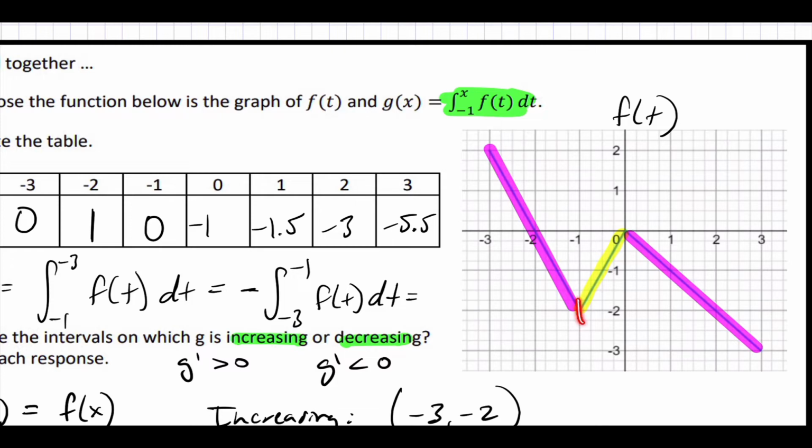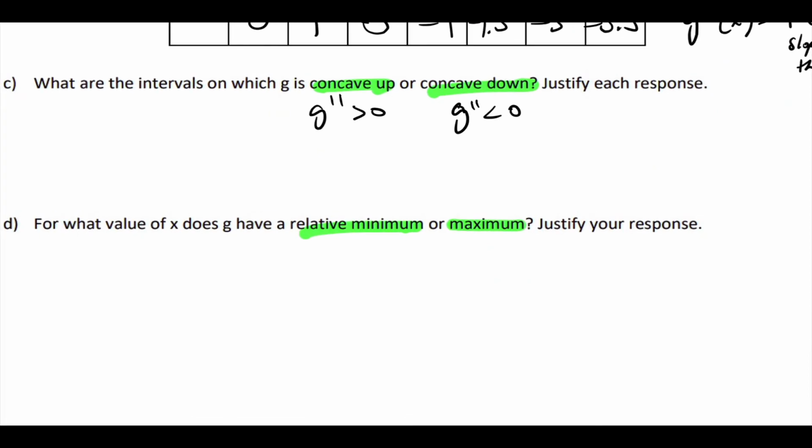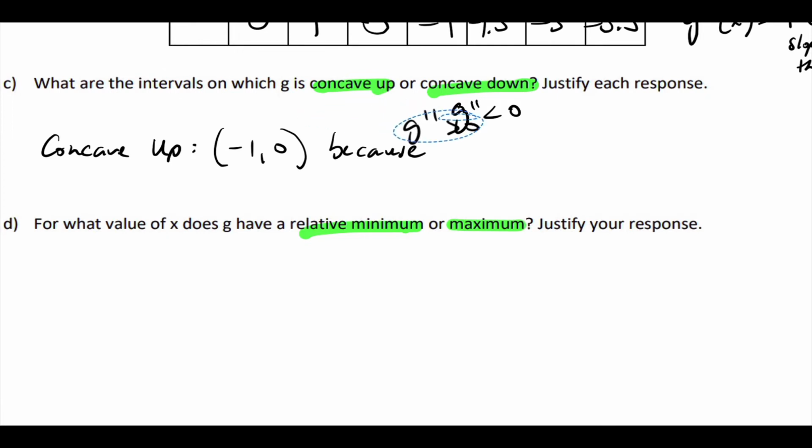The yellow is from -1 to 0. Okay, so concave up from -1 to 0. Because, and then I'm going to move this guy right over here, G double prime is positive.